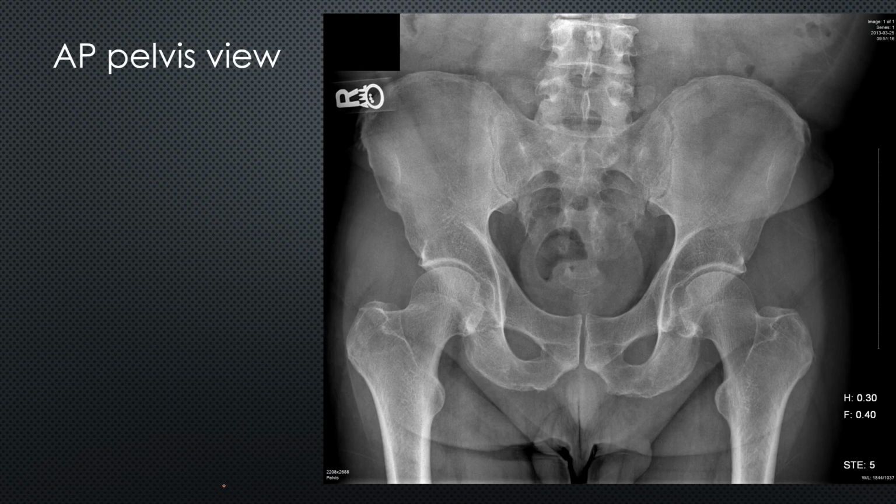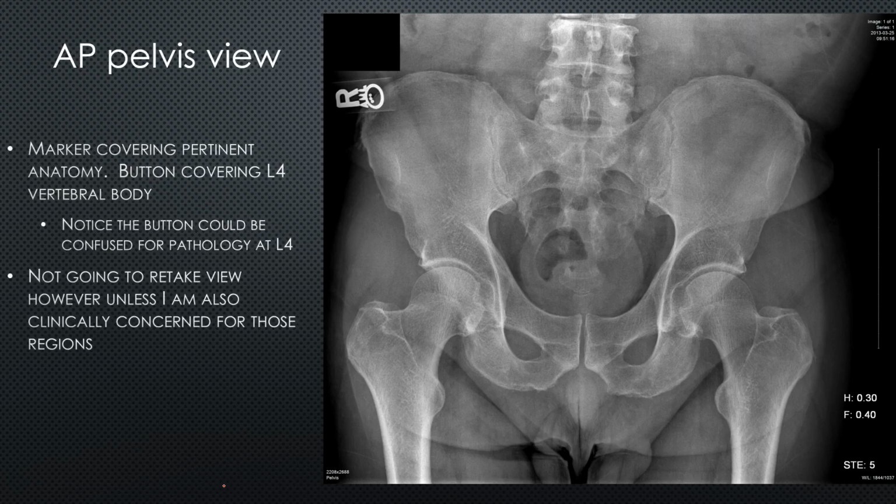Alrighty, here we have an A to P pelvis view. Not bad overall. The only issue with this one is the marker is covering pertinent anatomy. When you have a pelvis view, you want to see the entire pelvis, which includes the iliac crest.